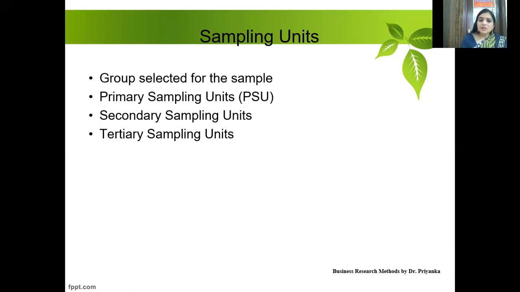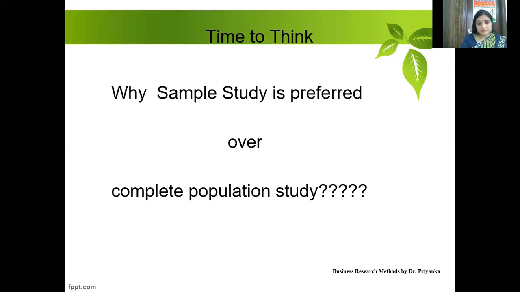For example, you are going to review all the sellers available in the city for one particular product. The primary sampling unit would be your consumers, the secondary unit would be the retailers and wholesalers, and the tertiary sampling unit can be some database available in your company. So this is how you will decide sampling units. But actually, you will be deciding the sampling unit as a whole as well.